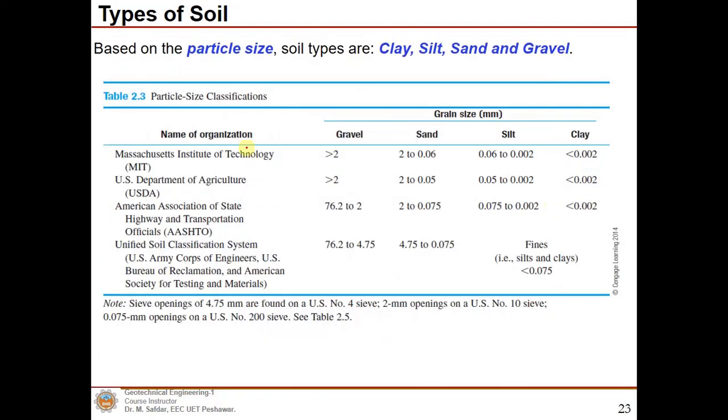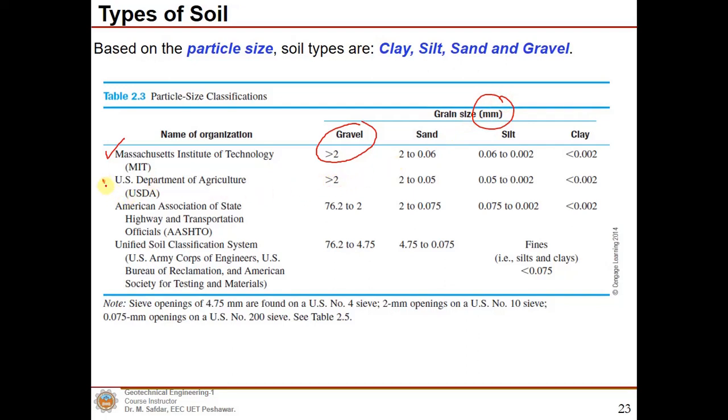So we were talking about the soil classification. Here I would give you a brief review about the soil classification systems. In the MIT soil classification system, they say that gravels are those particles having size greater than 2 millimeter.